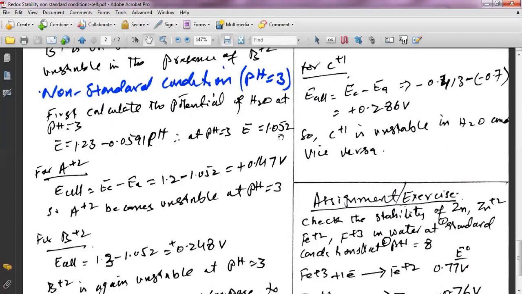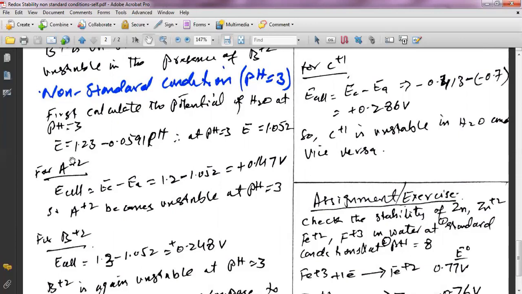So what is it indicating? Again, you have to calculate the cell potential. It is the cathode minus the anode. This will remain the same because A plus 2 plus 1 electron forming A plus 1 doesn't have the hydrogen ion in its half cell.